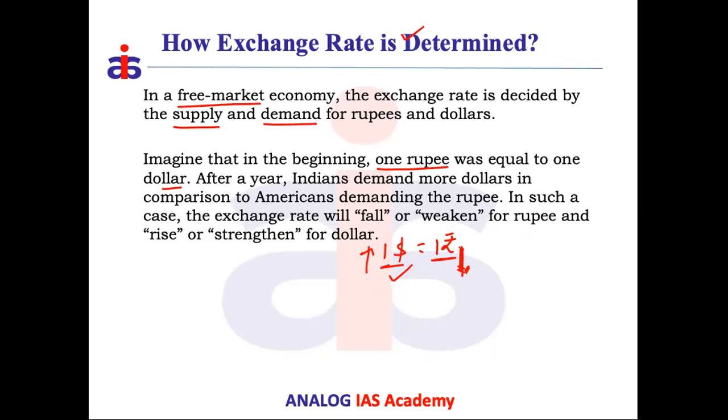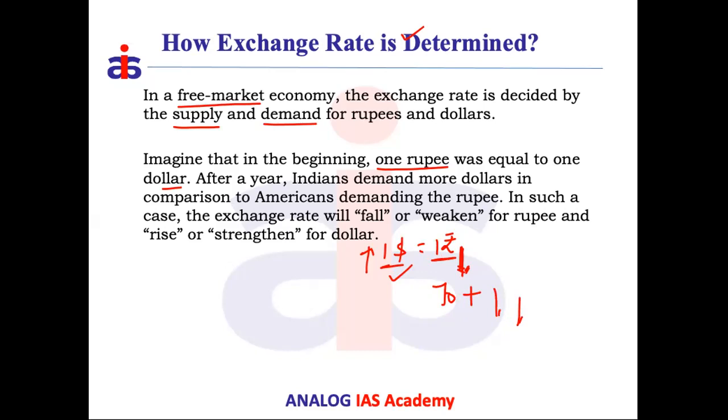That is why the rupee value is always low compared to the dollar. You can see that it is standing at something like 70 rupees plus, and year after year it is falling, simply because the demand for the dollar is increasing compared to the demand for Indian rupees. That is the simple equation of how the exchange rate is determined.